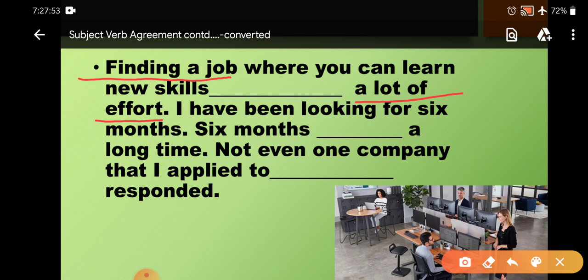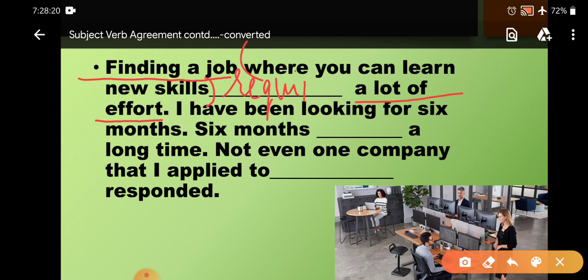Clearly, this part is a singular reference. So, we are talking about finding a job actually requires. That's what you have to answer. It requires, singular.